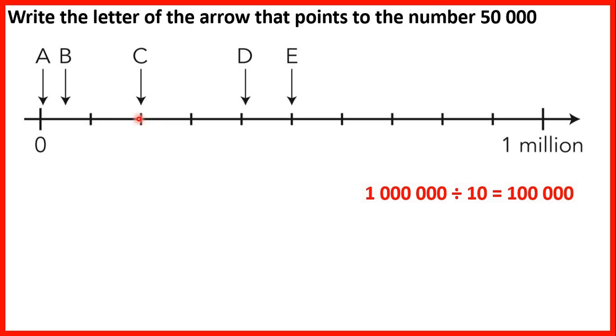So each of these little lines represents 100,000. So the first line after 0 is 100,000, and 50,000 is less than 100,000. In fact, it's half of 100,000. And the arrow that points halfway between 0 and 100,000 is arrow B. So B is pointing to the number 50,000.